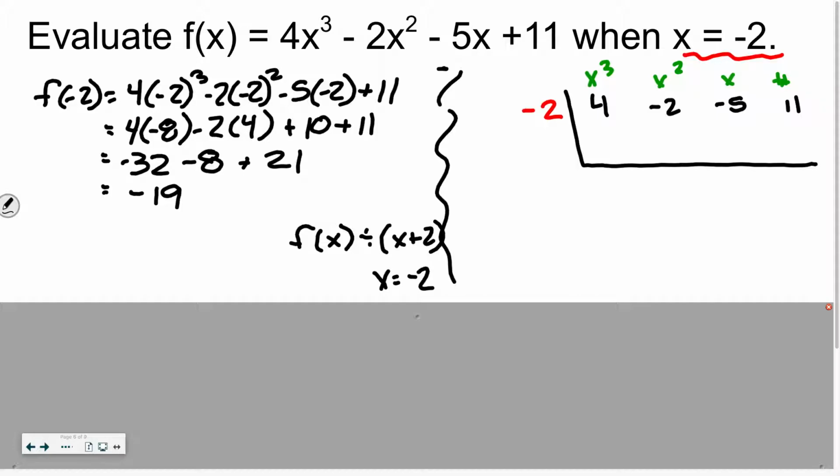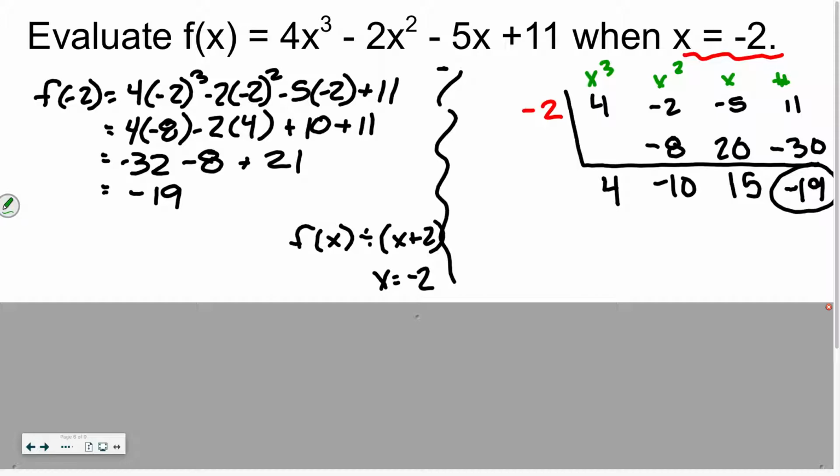Okay, so now we just run through synthetic. Add down to get 4, multiply, -8, add down to get -10, multiply to get 20, add down to get 15, multiply to get... Same answer? This is my remainder, right?